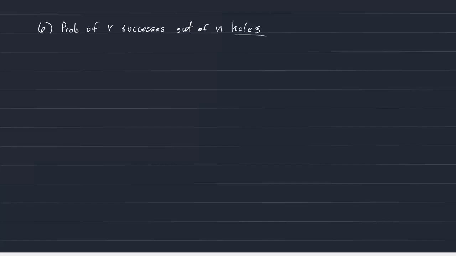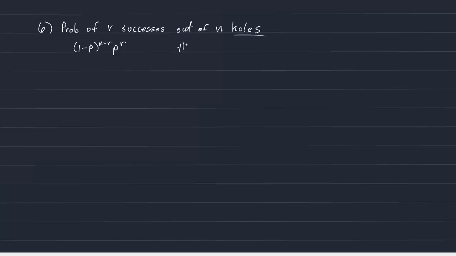And in this case, we don't care whether the r successes come at the very end, or some successes come in the middle, or all of them come at the beginning. So the order of the successes doesn't matter in this case. So we started off with the probability of a specific ordering, that is n minus r failures followed by r total successes. But this is only one permutation out of a number of permutations to get our r successes.